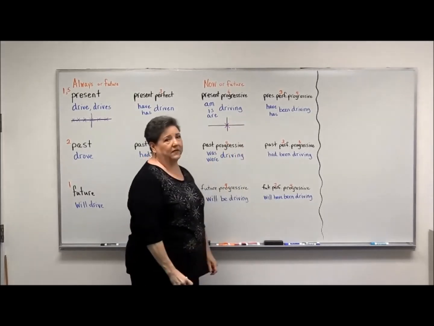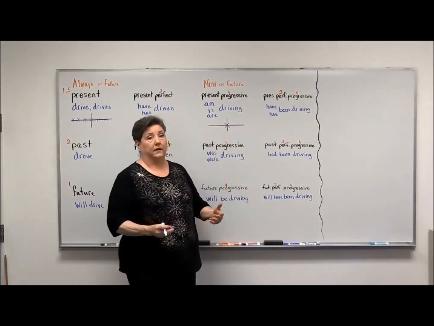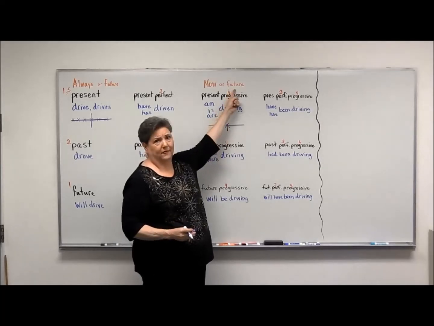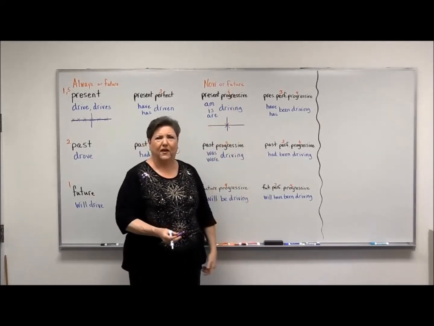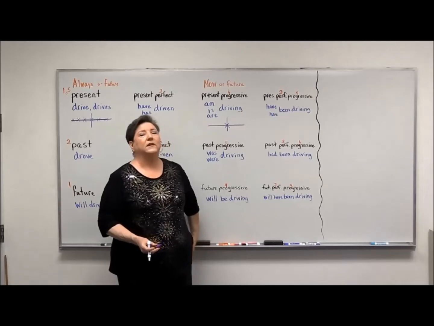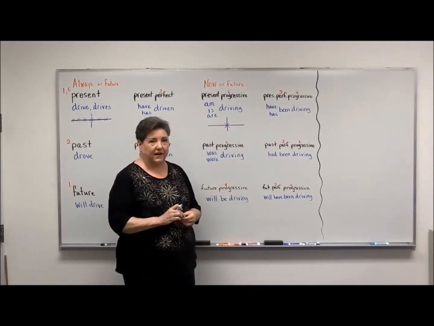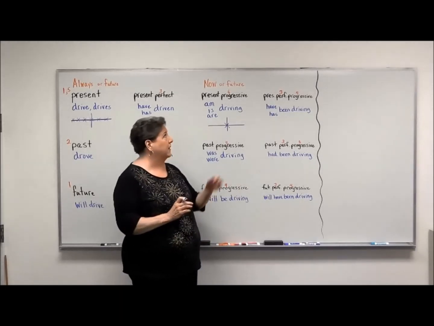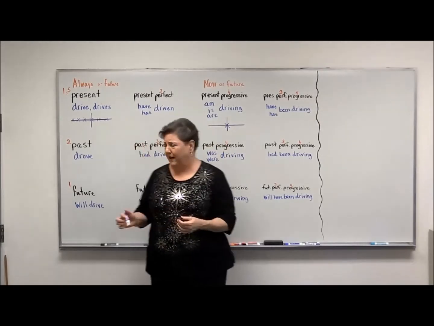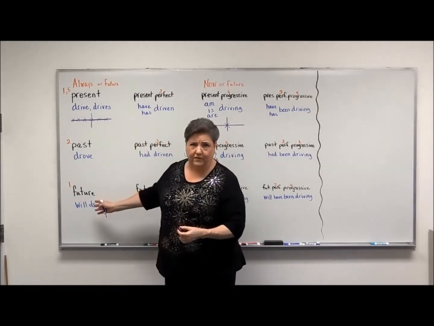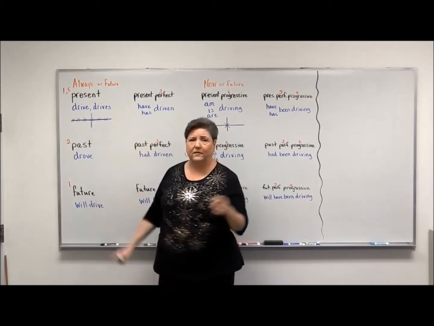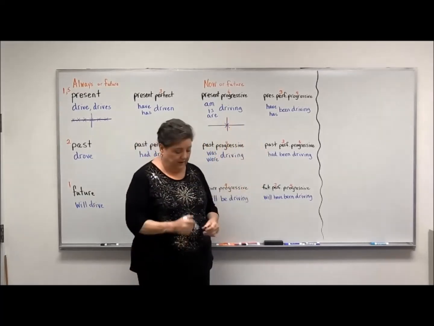This is the tense that means now. But wait a minute. Future? What's going on here? Well, let me show you over here on this side of the board what I'm talking about with this future. I thought this is future. Why do I have it up here and up here?